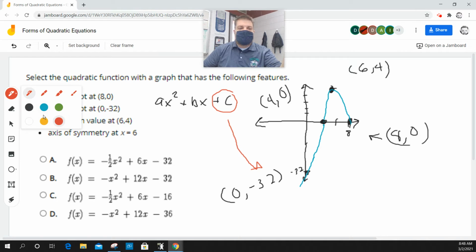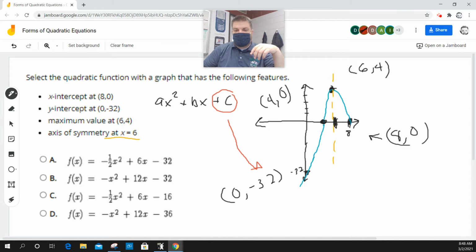But here's the other clue. My axis of symmetry is x equals 6. So if this line here is 6, and there's 2 spaces, 1, 2, and that's the axis of symmetry, then I got to go 2 spaces here, so this right here has to be 4. Okay? Now, what else can I tell from this?